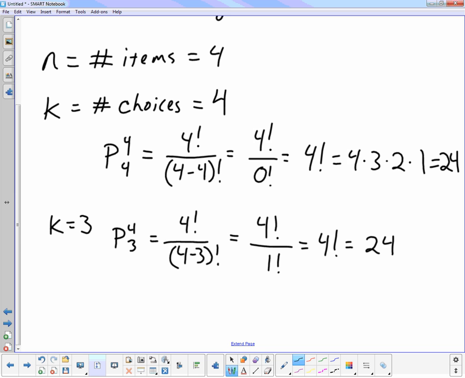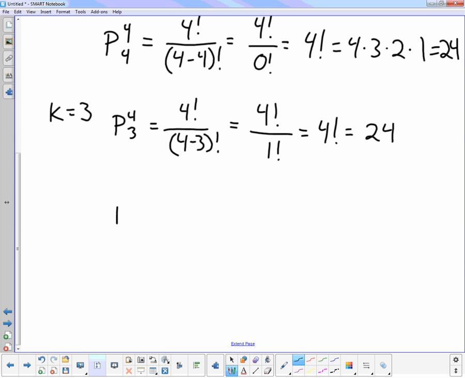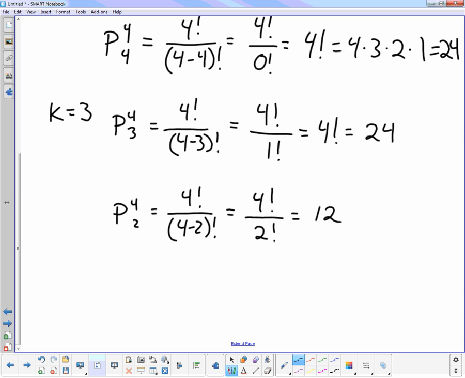We can see this, and actually let's go through the 2 and the 1 case for completion's sake. Four times 3 times 2, and then we cancel out the 2.